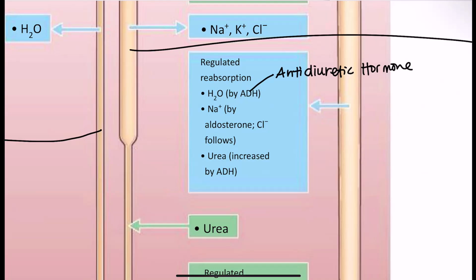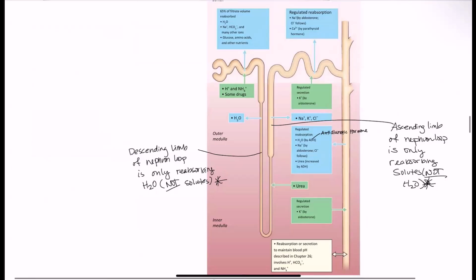Aldosterone we've talked about. More ADH. So all of those things can be reabsorbed only when these hormones are around. We'll talk more about this in the next set of videos.